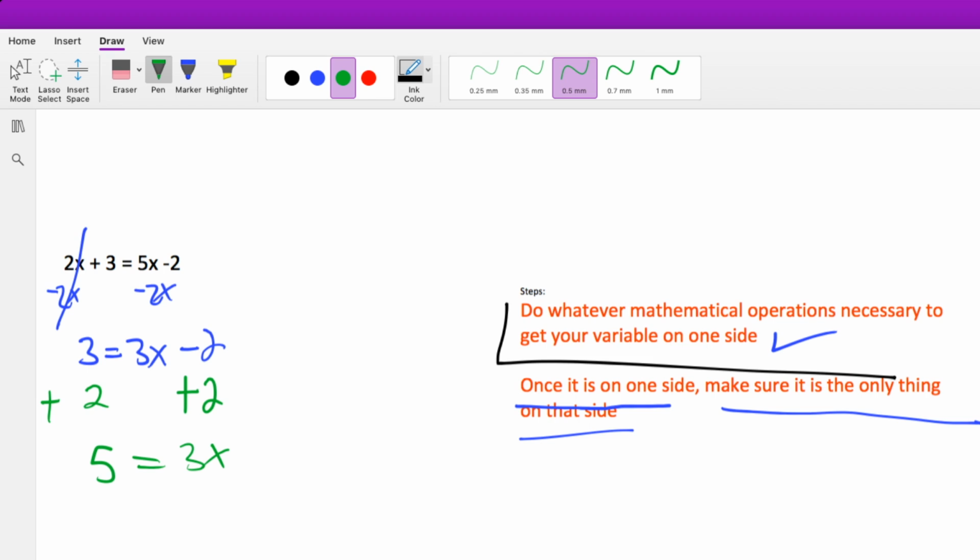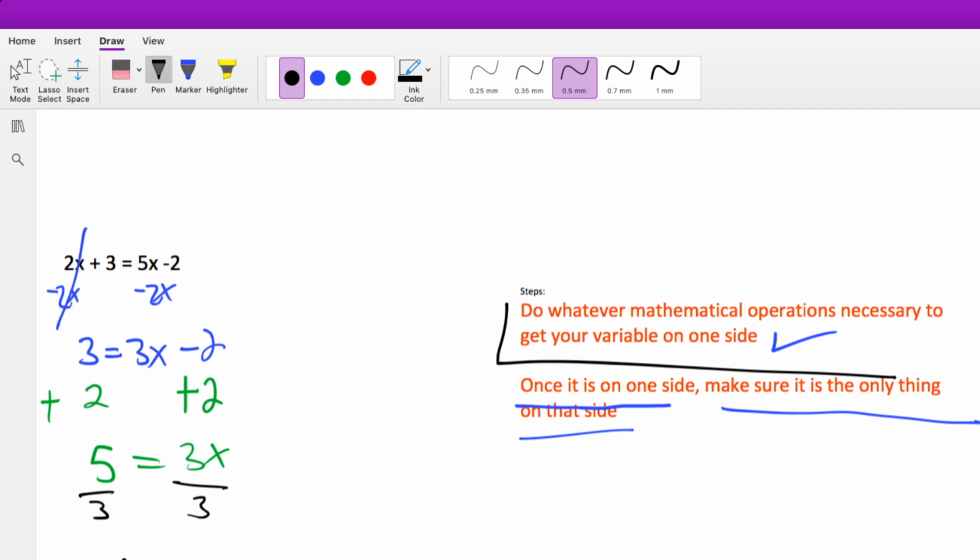Now, are we done? No, we're not. Remember in our last video, if you watched that, when we were solving our other equations, we need to get rid of whatever is directly affecting the x. And we see a 3 is directly affecting the x. So we need to divide by 3. 3x, divide by 3, divide by 3.